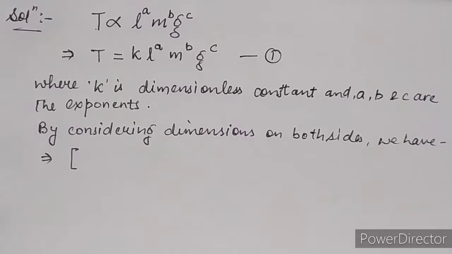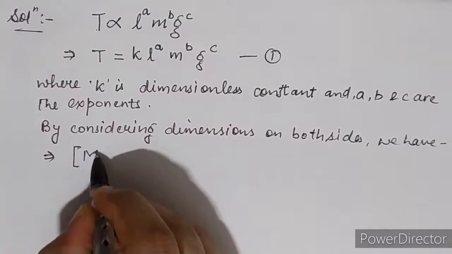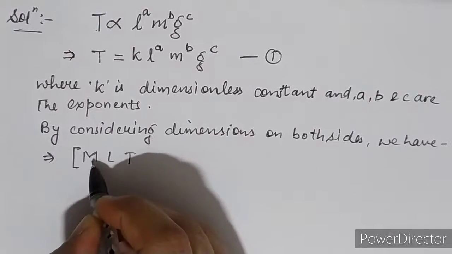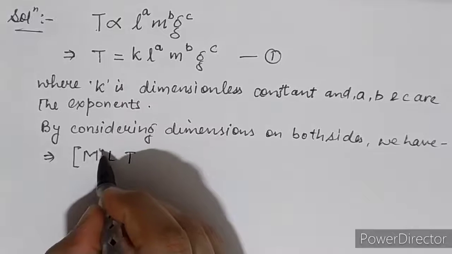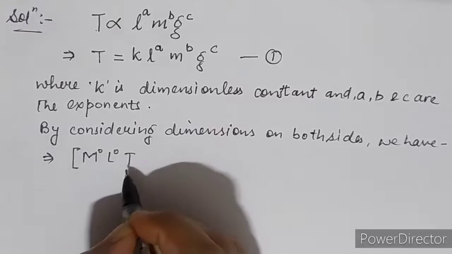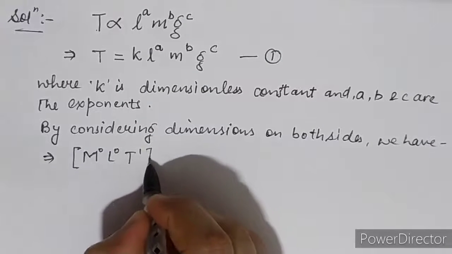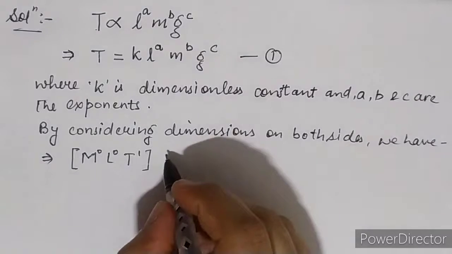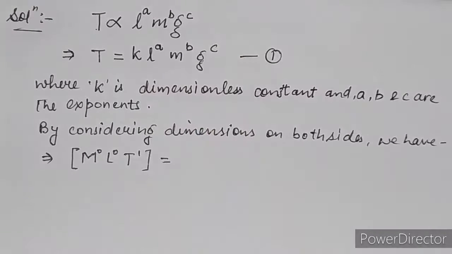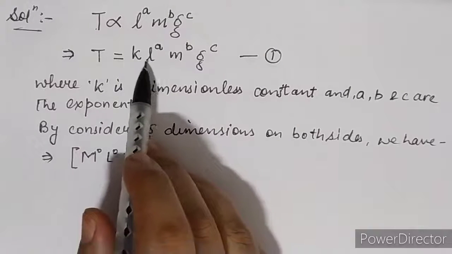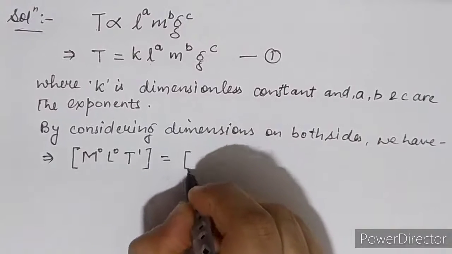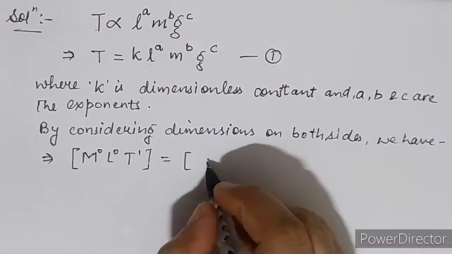Second is the unit of T. So M L T: kilogram is not there, so 0. Length is not there, so 0. Time is there, so T has power 1. It equals k, which is a dimensionless, unitless constant, so we are not writing any dimensions for k. Moving toward the length L, L has only the dimension L^1.